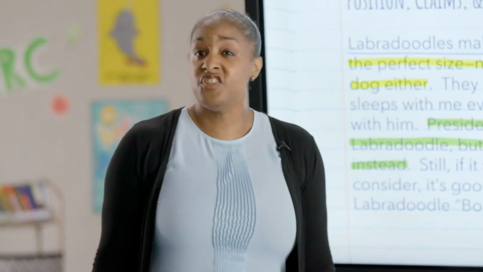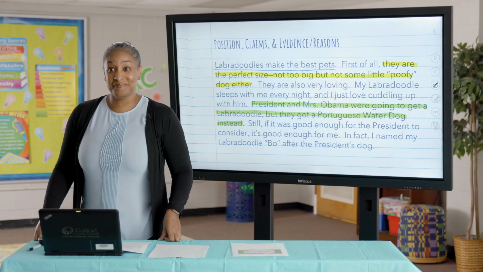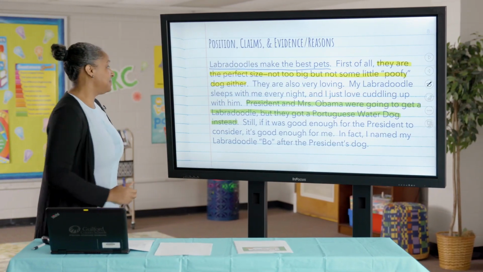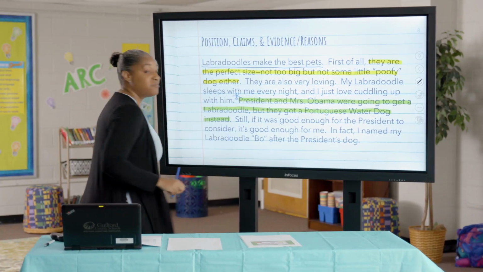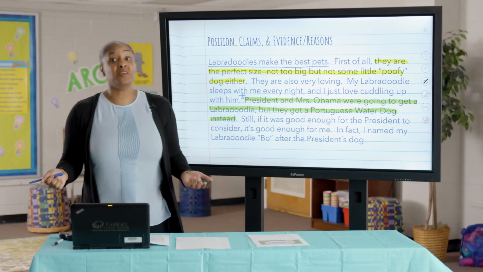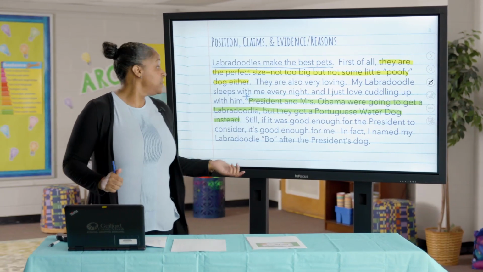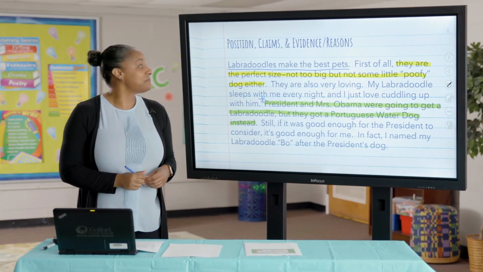Do you see any information that can be proven or verifiable? Exactly. We can figure out and find out if indeed President Obama and First Lady Mrs. Obama actually did consider the dog, which they did.